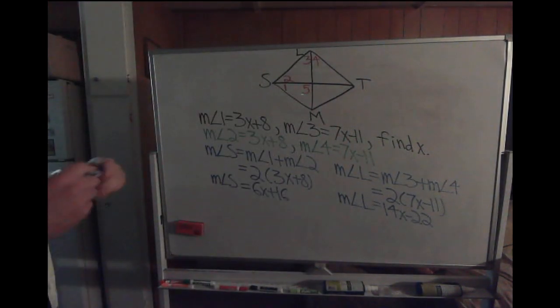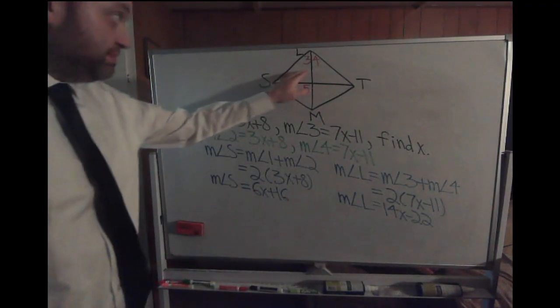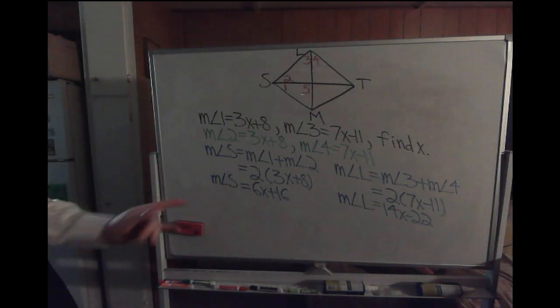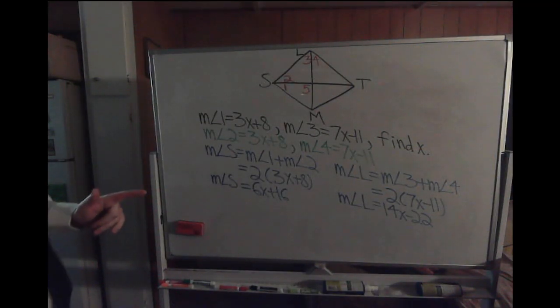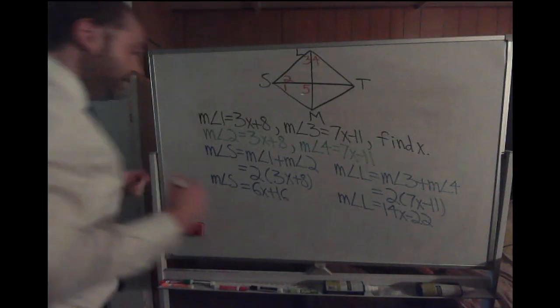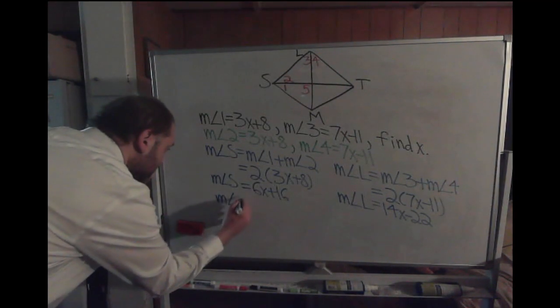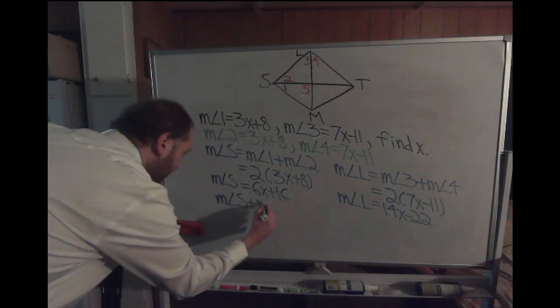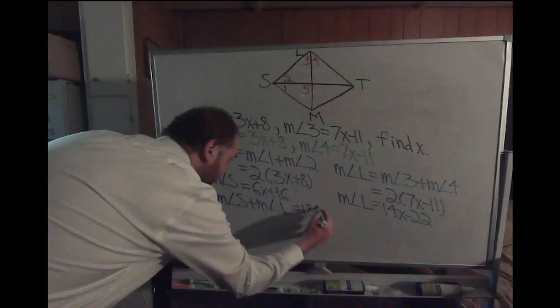Alright, so now we have the measures of angle S and L. If they're same side interior angles, that means they are supplementary. So what that means is that you add them together, you're going to get 180. So the measure of angle S plus the measure of angle L would equal 180. That's the truth.